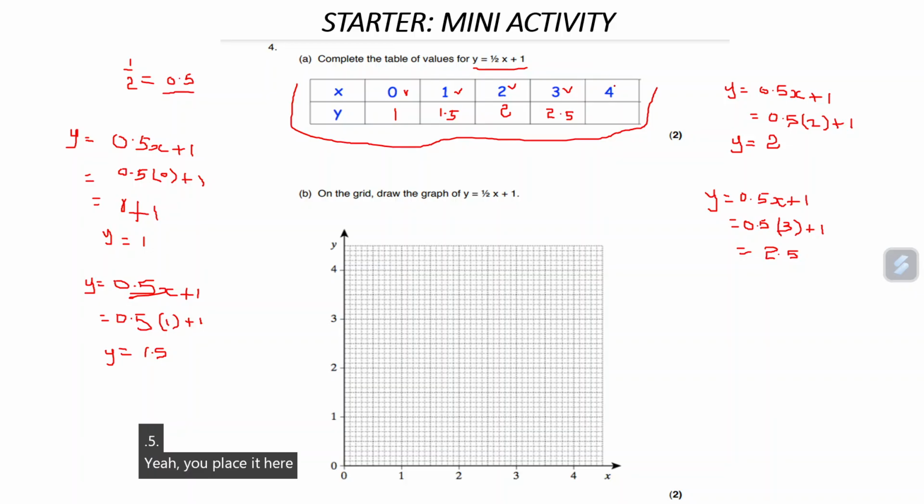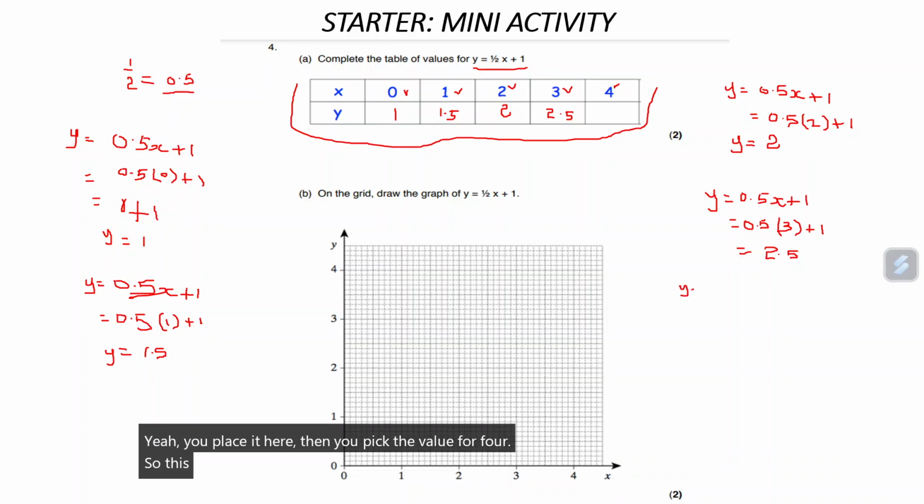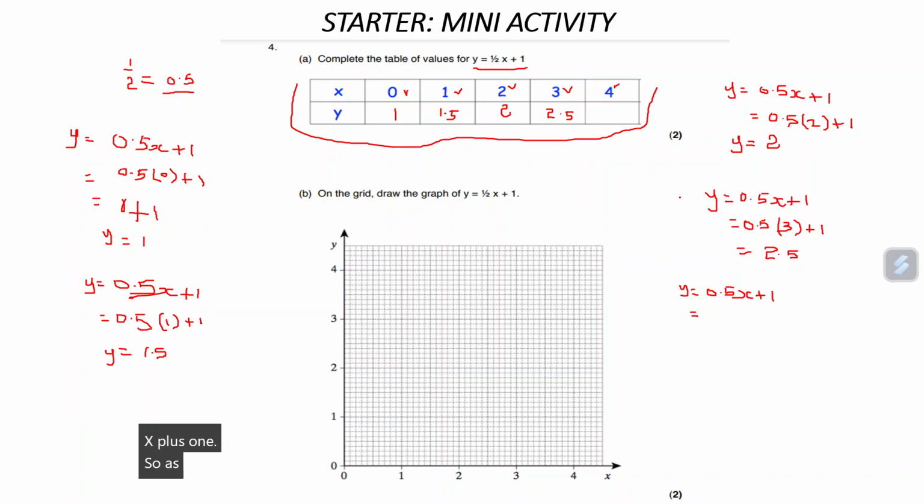Then you pick the value for 4. So this is our equation, y is equal to 0.5x plus 1. As usual, you pick 4 and replace it with x.